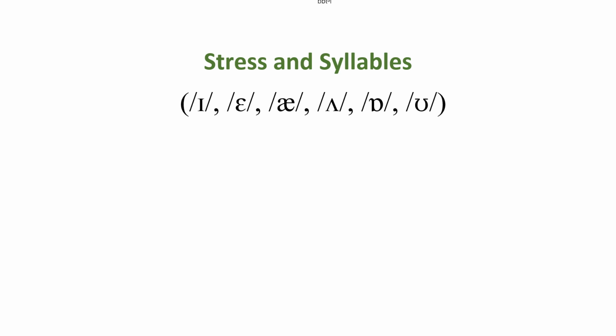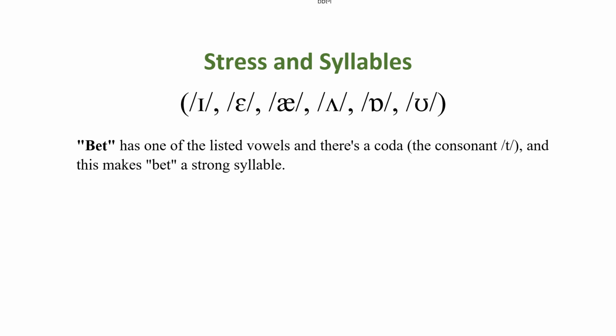This means that there are specific conditions for a syllable to be considered strong. If the vowel sound in the syllable is one of these listed phonemes, then the syllable must also include a coda, which means it ends with a consonant or consonant cluster after the vowel. For example, bet has one of the listed vowels, and there's a coda, the consonant t, and this makes bet a strong syllable.